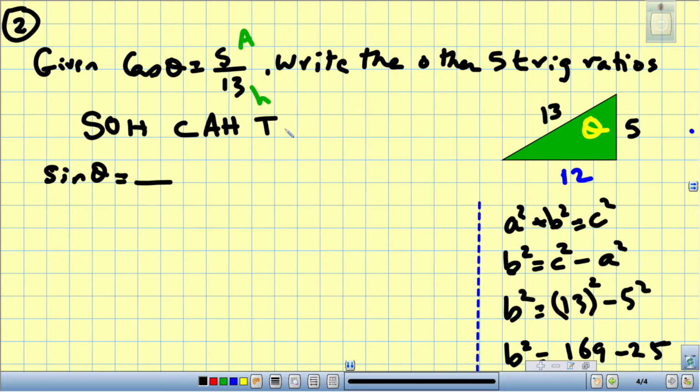And TOA: tangent is opposite over adjacent. You've noticed that I'm writing this every single time I have trig problems because I want to make sure I would not forget. Repetition also helps with memorizing.